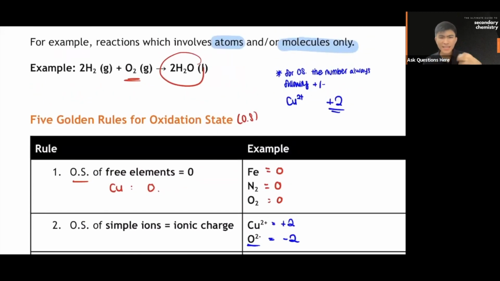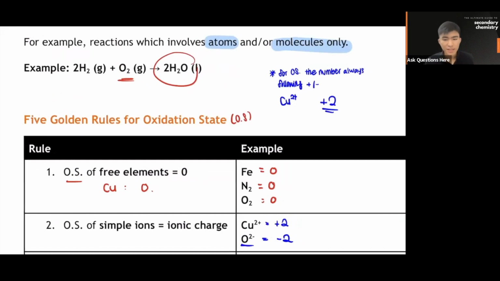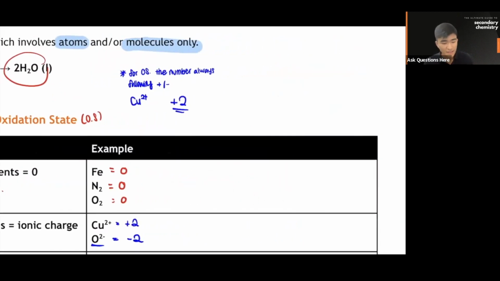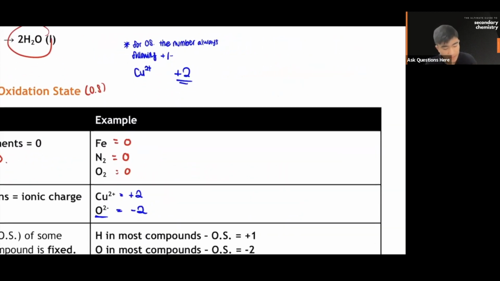I'm going to give you a few examples to help you deepen the idea. I'm going to write a few down over here, then you must tell me individually what the oxidation state is.